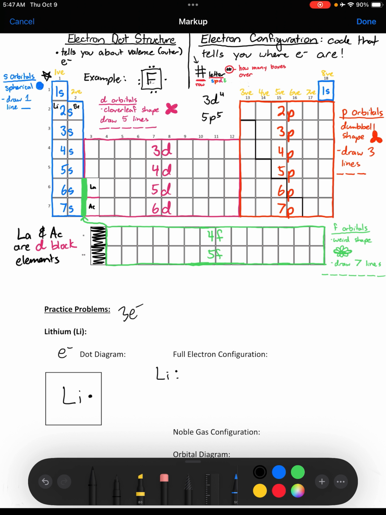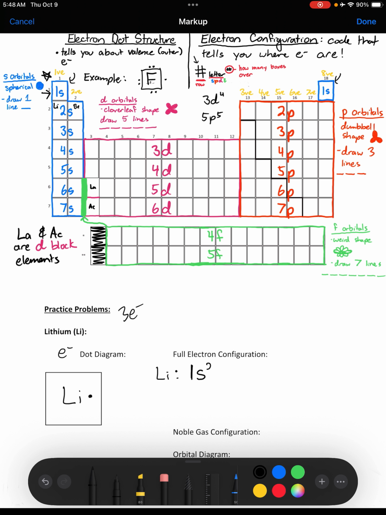If we're going to start up here in the first row, we're going to describe everything in that row. So we're going to take my piece of my code. I'm going to put a big number 1 because I'm starting in row 1. I'm going to say the letter S because the only type of box I see in row 1 is S, and there are 2 total S boxes in row 1.